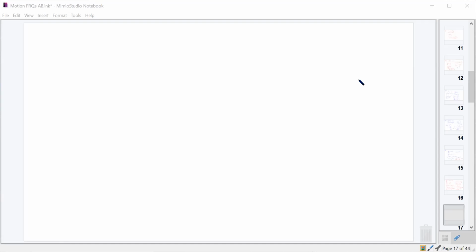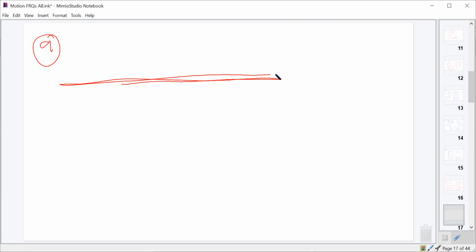It's traveling in a straight line, and we want the difference in the odometer readings between t equals a and t equals b. So it could be going this way or backwards. It could be going back and forth.